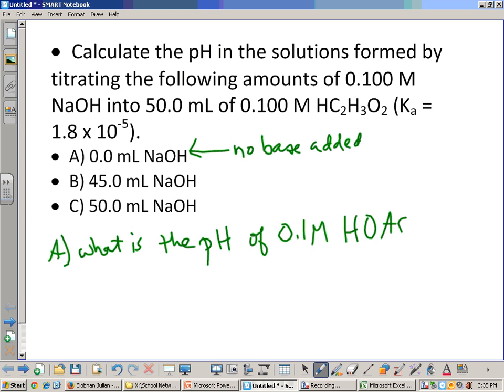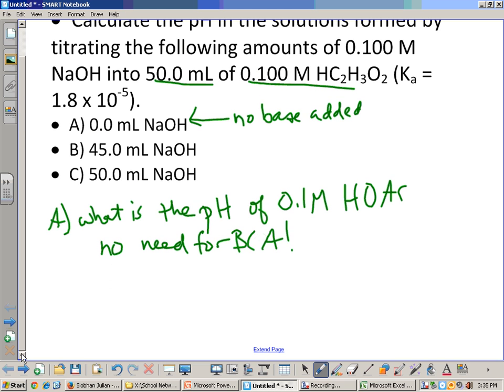Because if you think about that, you haven't added any sodium hydroxide. So all you have in your flask is 50 milliliters of 0.1 molar acetic acid. There is no need for a BCA chart, so we are skipping that part of the question.